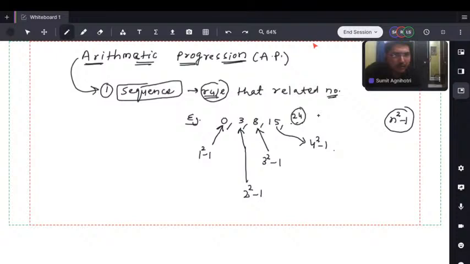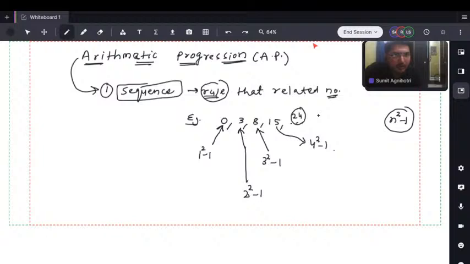Okay, this is one of the rules that we have, and in this way there may be many rules. Out of those rules, a particular rule is where the common difference is the same. A particular sequence where the common difference is the same. Common difference is denoted by the symbol CD, or we use only D to indicate it.